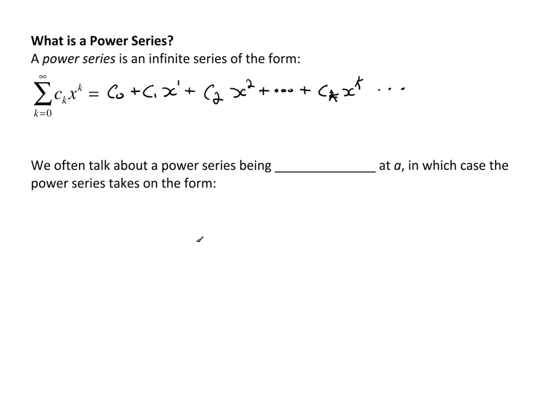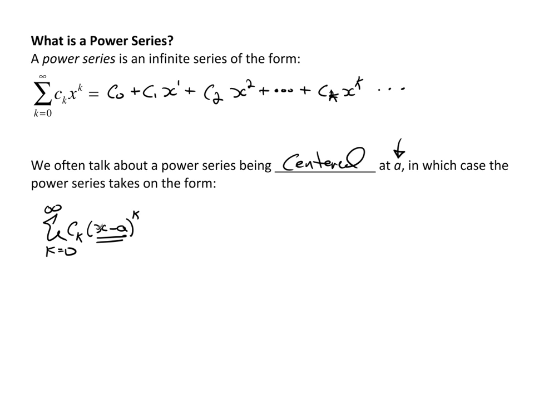Now, very commonly we talk about a power series being centered at a, in which case the power series has the form the sum k equals 0 to infinity of ck, some constant, times x minus a to the k. Being centered at a means this right here, x minus a.